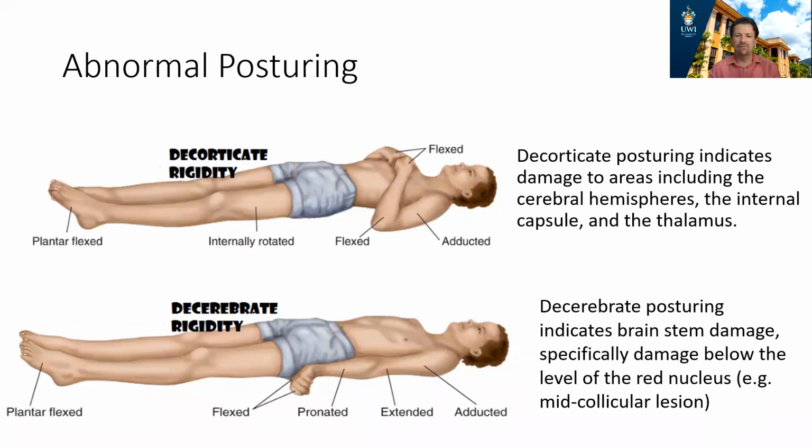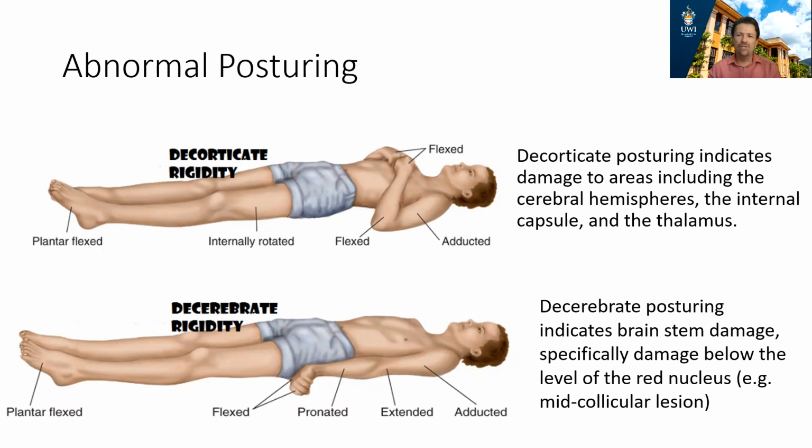And you can see the differences right there. You can see in the decorticate, the arms are adducted and flexed, and the legs, the lower limbs, are internally rotated, and there's plantar flexion of the foot. In contrast, in decerebrate posturing, the arms are extended and pronated, while the legs are also internally rotated and flexed.